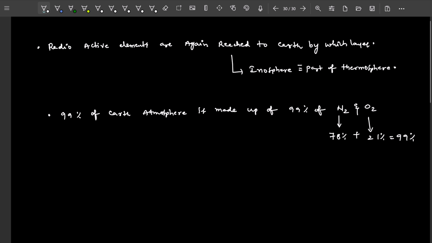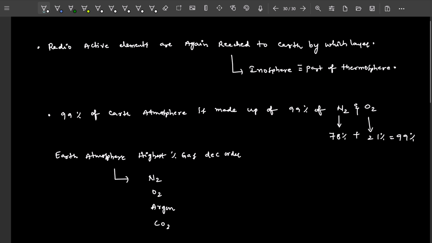Another point we have to remember is the earth atmosphere gases in decreasing order of percentage: nitrogen gas, then oxygen, then argon, and then carbon dioxide.